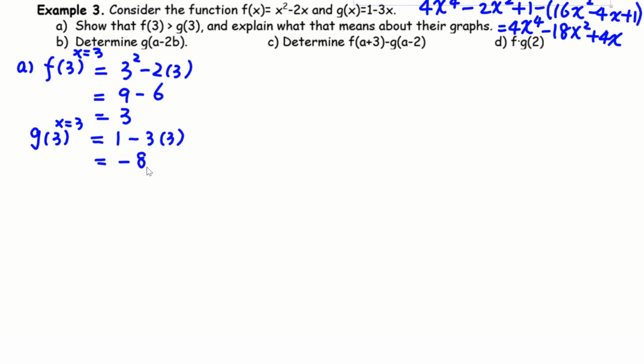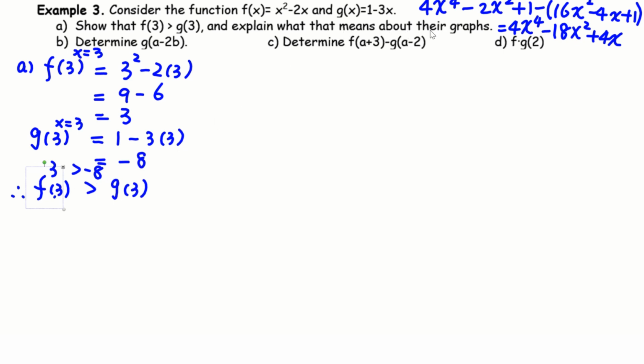Because 3 is greater than negative 8, so we know that f at 3, this is 3, is greater than g at 3. The reason for it is 3 is greater than negative 8. And 3 is equal to f at 3. Negative 8 equals to g at 3. So therefore, f at 3 is greater than g at 3.